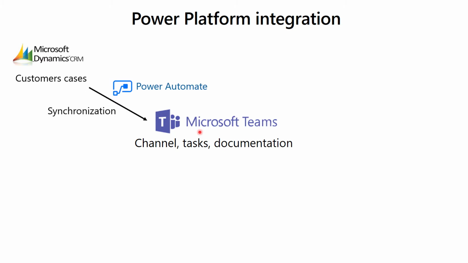But what we did was a Power Automate flow for synchronization between the CRM and Teams. Every time a case is added, updated, or changed in the CRM, a Power Automate flow starts and creates a task in the Planner embedded in Teams.